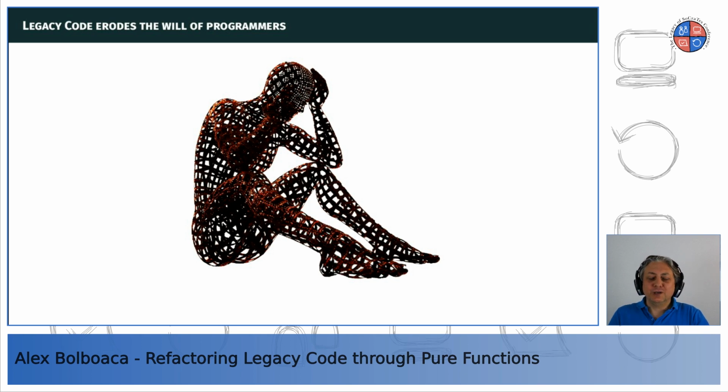But what's more sad from what I see is that usually legacy code erodes the will of programmers. We have people who really want to learn new practices. They want to learn how to do test-driven development or unit testing or refactoring or write clean code.